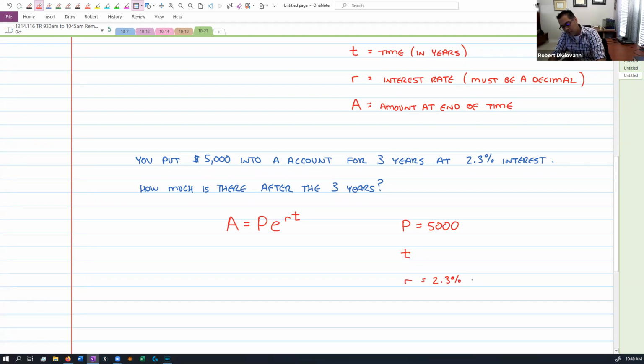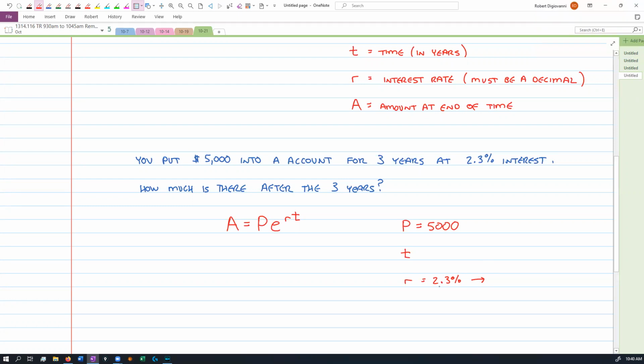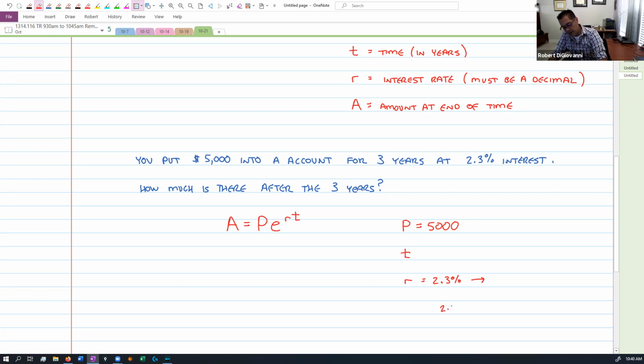So how do we convert a percentage to a decimal? This is important. If you don't know how, pay attention. You move the decimal which way? Left. Left 2 places. So if you move that decimal 2 places to the left, you're going to get 0.023.